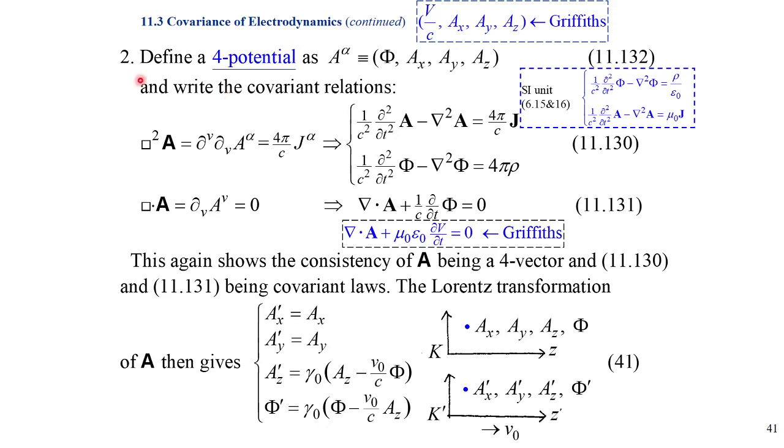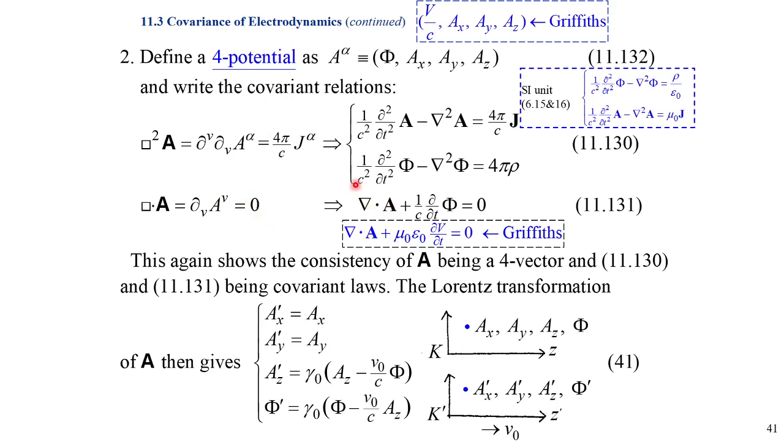Therefore, we can define a 4 potential in this form: A alpha is phi, the scalar potential, and the vector potential. And write in the covariant form. First, the divergence of A gives us partial mu, A mu, equals 0.